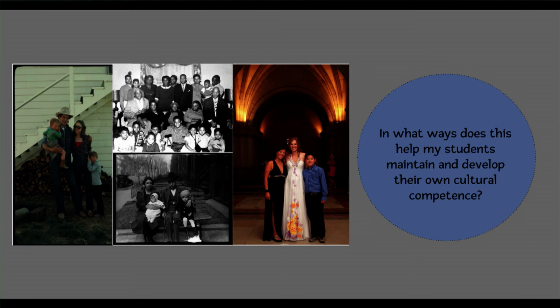So if I've got a majority Latino classroom, I want to make sure that the primary sources I find have some Latino families from history so that they're seeing themselves. If I have students whose families are gay and lesbian, I want to make sure that I have pictures of families that are gay or lesbian, that are same-sex couples.